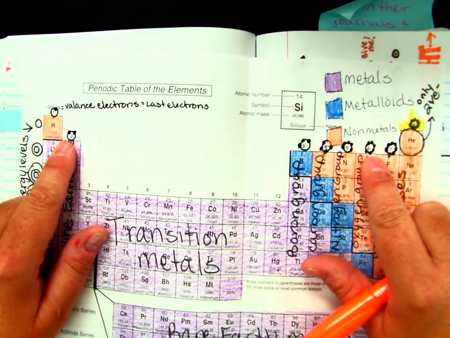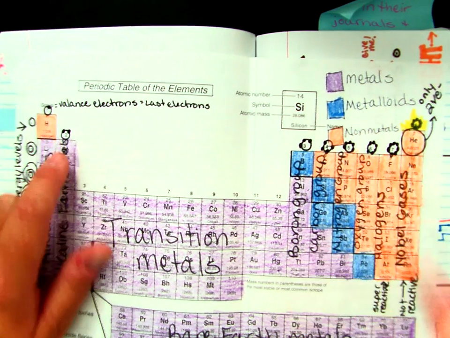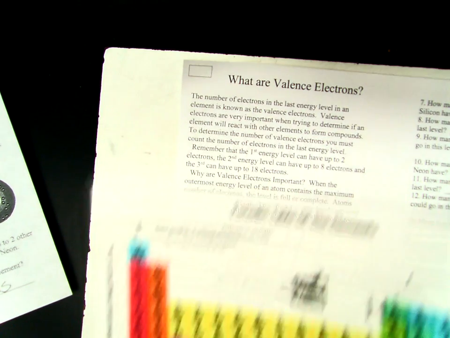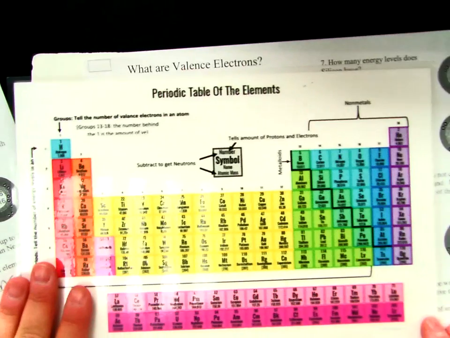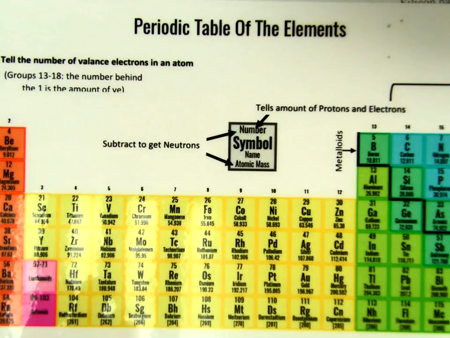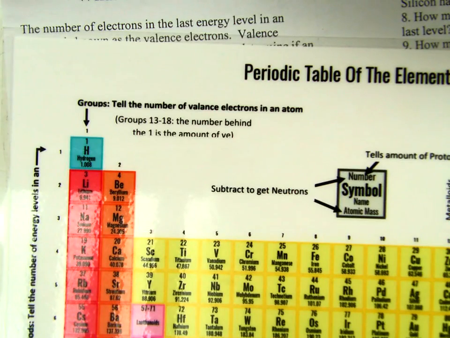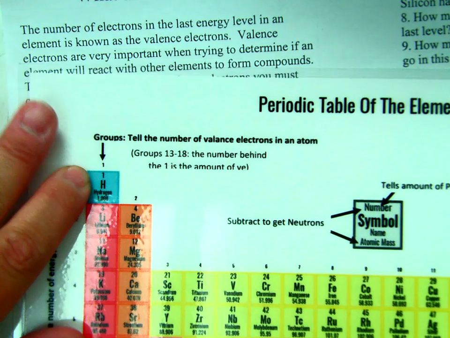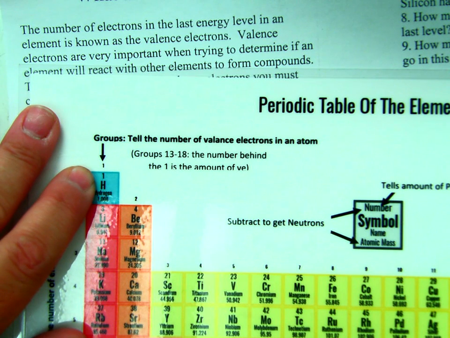So valence electrons are super important. They determine what we said was reactivity. Now, periodic tables that we sometimes get in class or in lessons aren't all marked up like ours. So you just have to remember that these numbers up at the top are group numbers, and they're valence electrons, the outermost energy level.